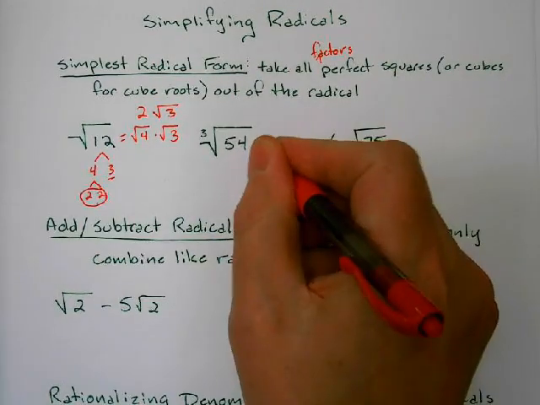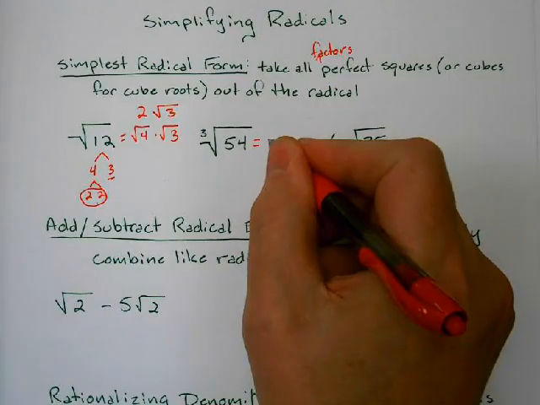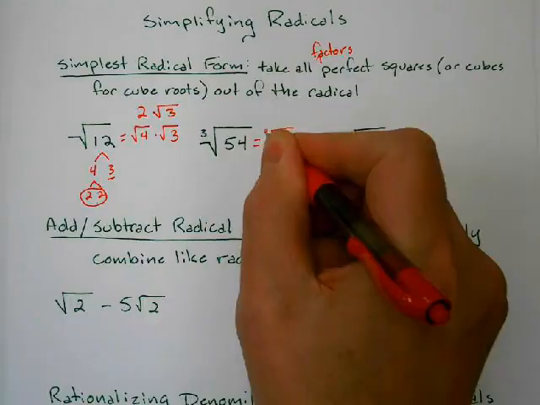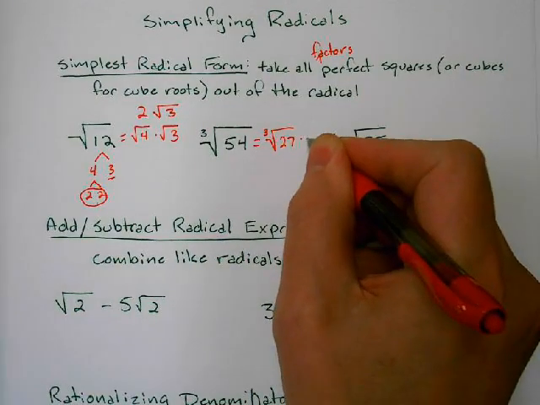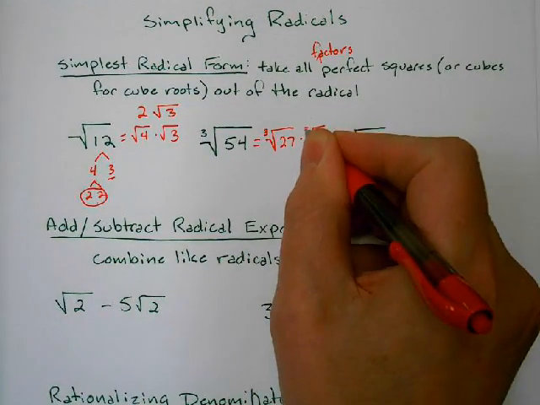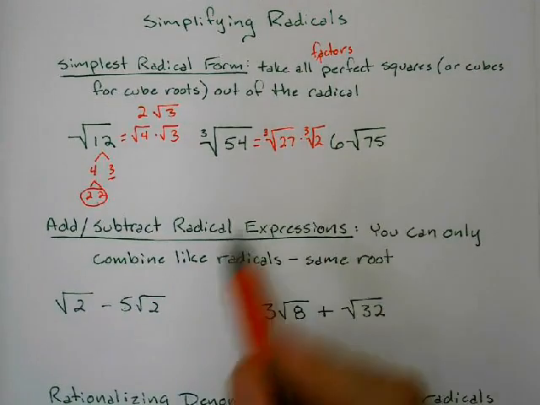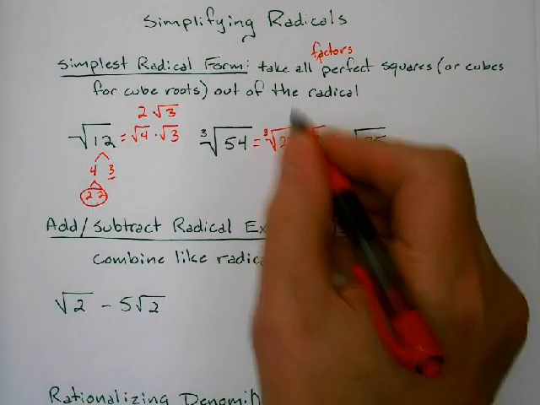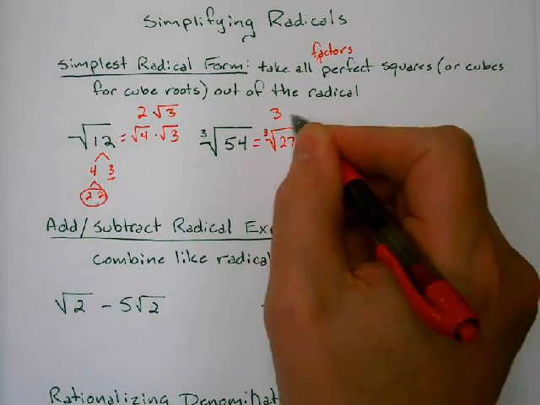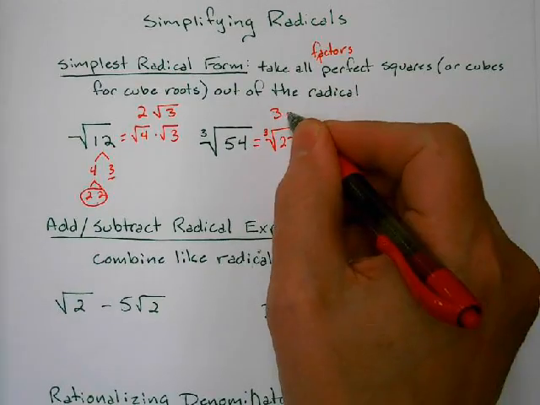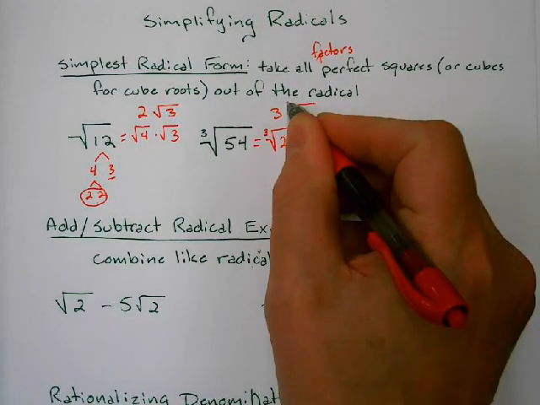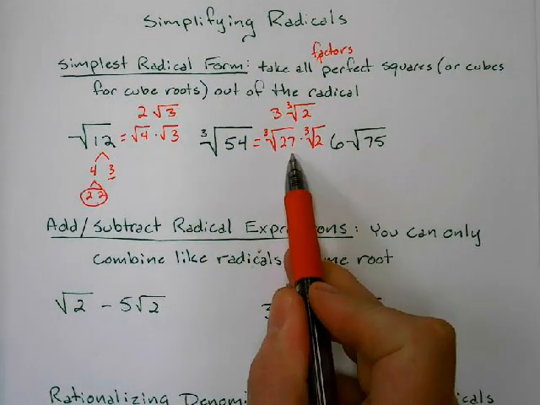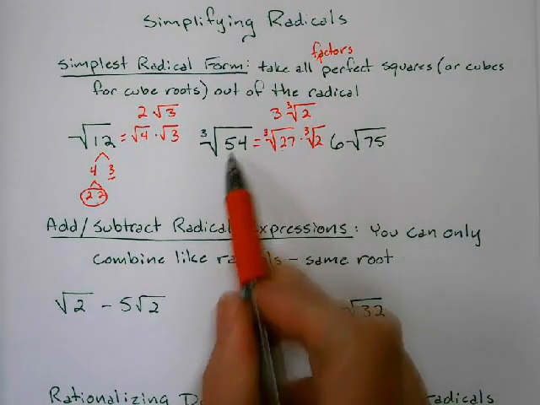And you might know that the perfect cube for this one would end up being 27. 27 is the perfect cube of 3. So we could say that this is 3 times the third root of 2. So I broke it up into the perfect cube. 27 times 2 is 54.